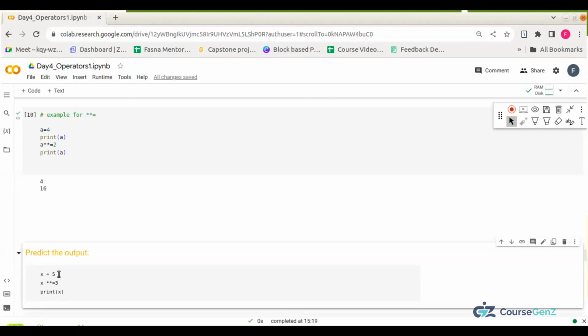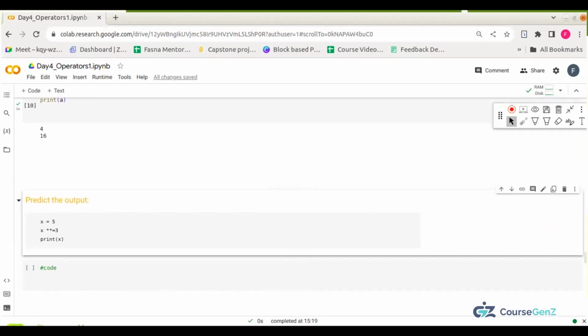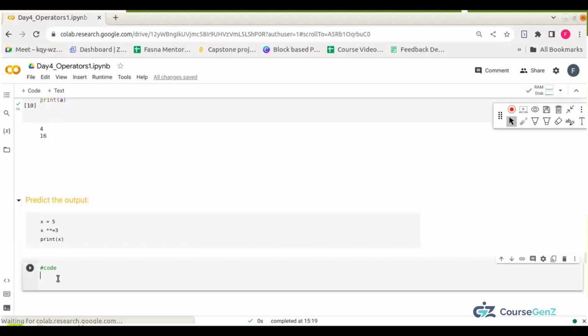X is equal to 5. We will be assigning the value 5 to X. Then X star star equal to 3. How did it become that? 5 raised to the power 3. Let's try it. Okay, let's add it.